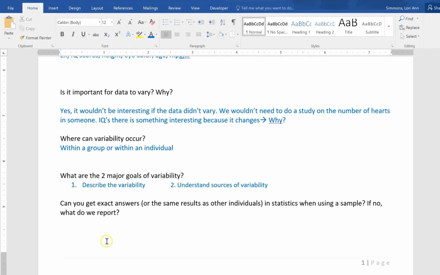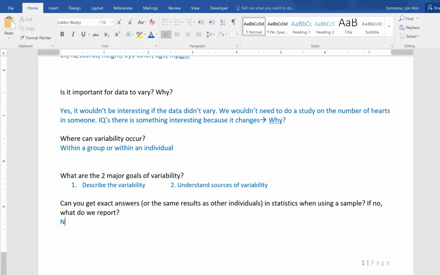The next question is, can you get exact answers or the same results as other individuals in statistics when using a sample? So think of this. If I asked you to figure out the commute time of CVTC students, would you get the same answer as another student who asked students? Most likely no, right?